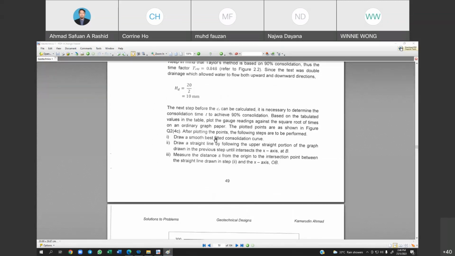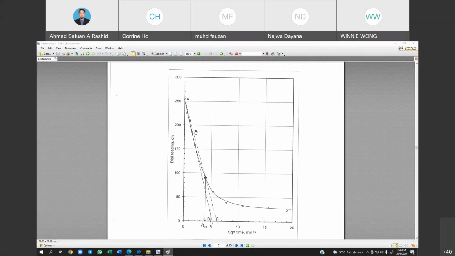Okay, so then you can go through the procedure step by step. So then we can have this kind of graph. The first tangent to the consolidation curve we represent as AB.